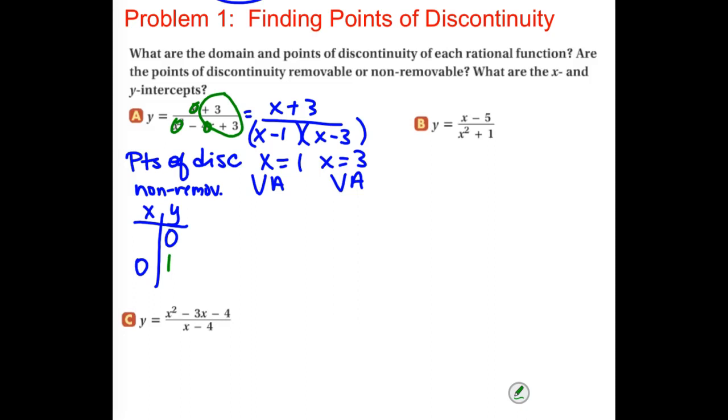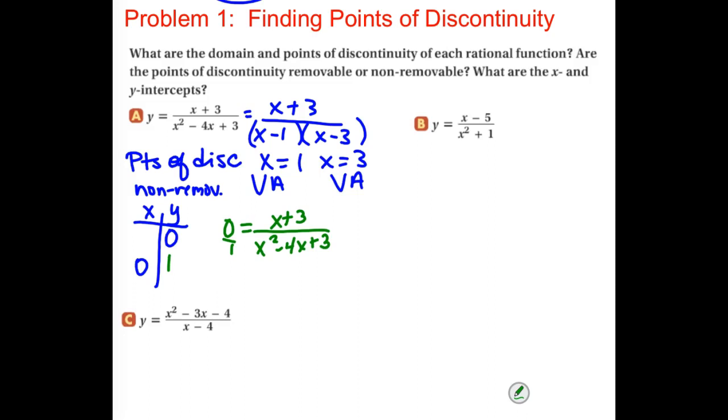Okay? To find the x-intercept, we have to put a 0 in for y. Now, I want you to think about what's going to happen here. If we put a 0 in for y, we have 0 equals x plus 3 divided by x squared minus 4x plus 3, correct? If I think of cross multiplying, picture that being a proportion, fraction equal to a fraction. When I cross multiply, what's 0 times this whole denominator? It's still 0, right?